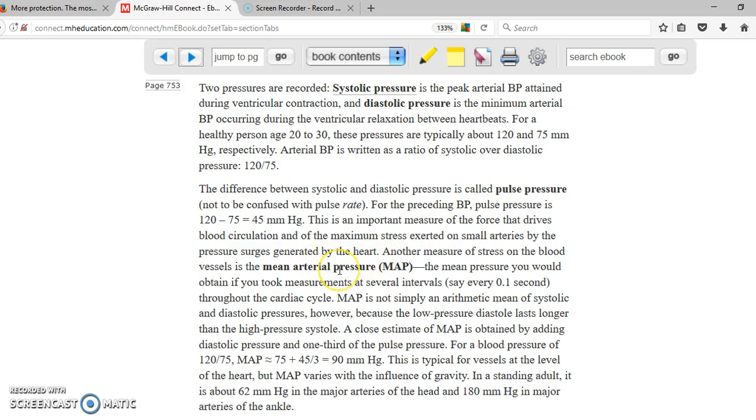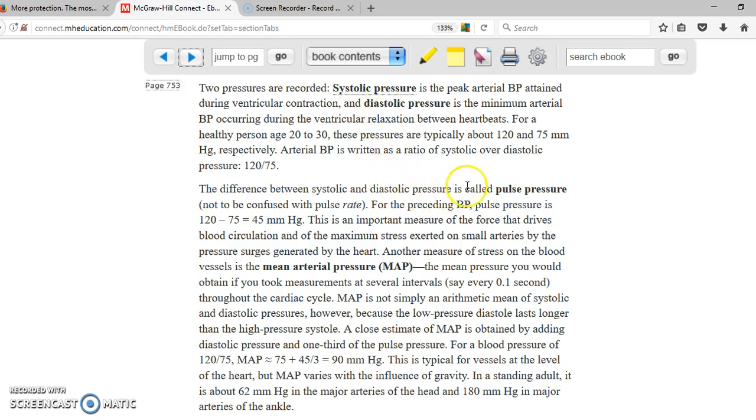The mean arterial pressure is not just an average between the systolic and diastolic pressure, because the systole and the diastole don't last the same. Right? Diastole usually lasts a little bit longer than systole, therefore it cannot be the average of both. So then systolic pressure and diastolic pressure, most of the time, that's an average of what? We said systolic is 120, diastolic is 80 more or less, right?